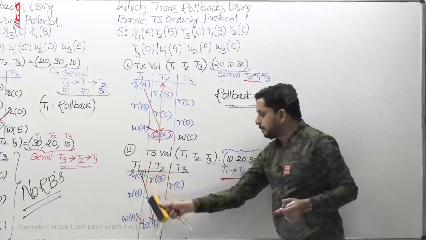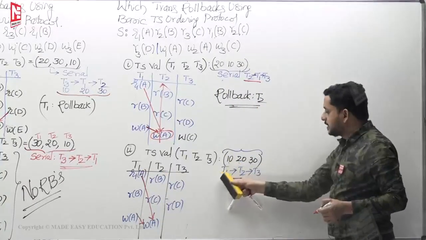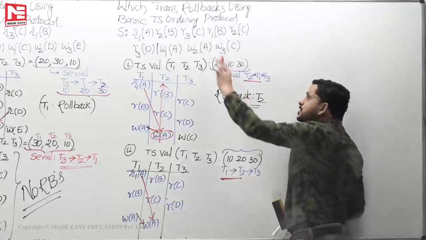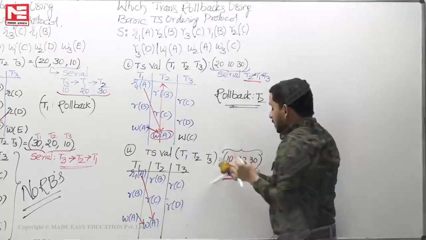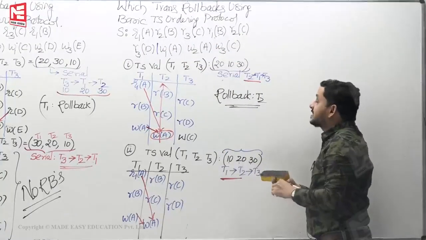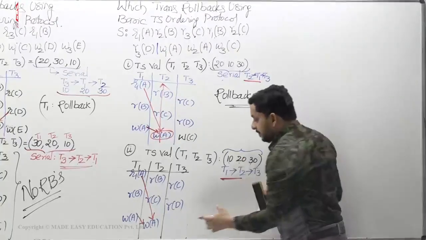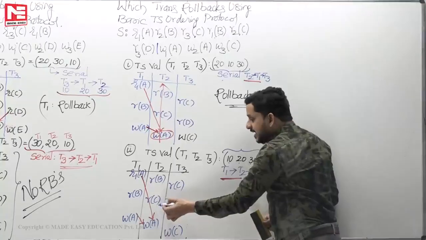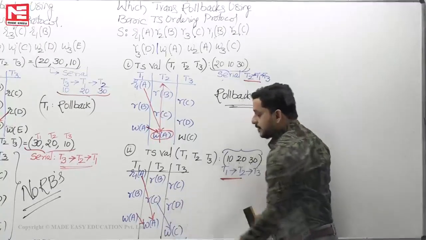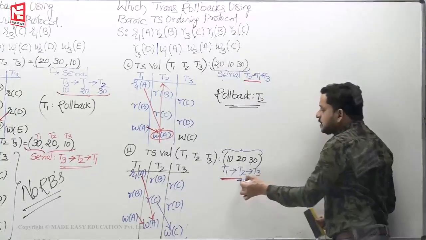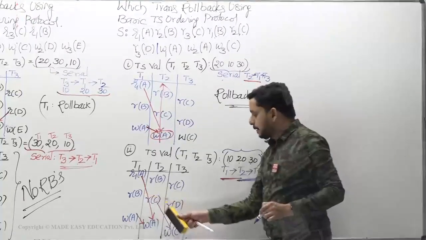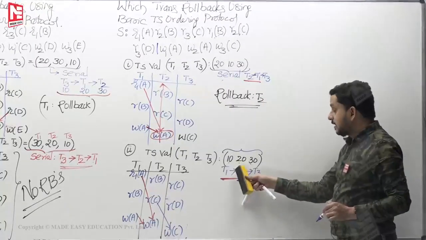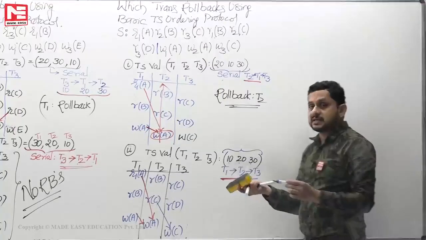The conflict pair precedence and the timestamp order are the same. No issue for this write A. Then the last operation, write C, W3C. The conflict pair is T2 precede T3. T2 precede T3 is also allowed. This conflict pair precedence and the timestamp order are both the same.